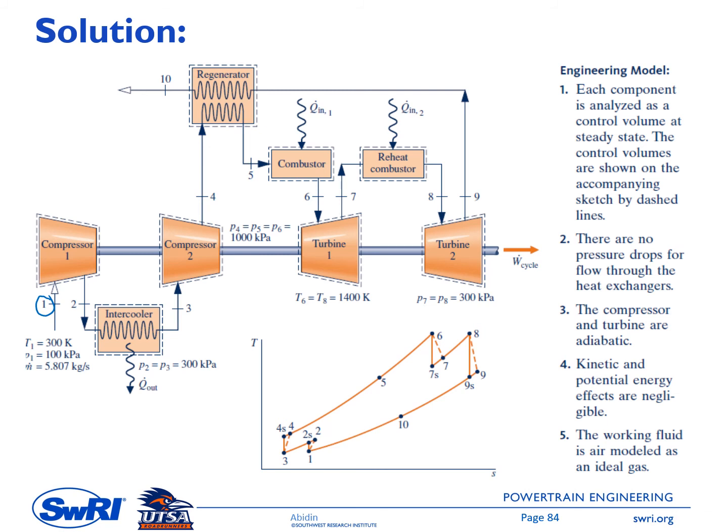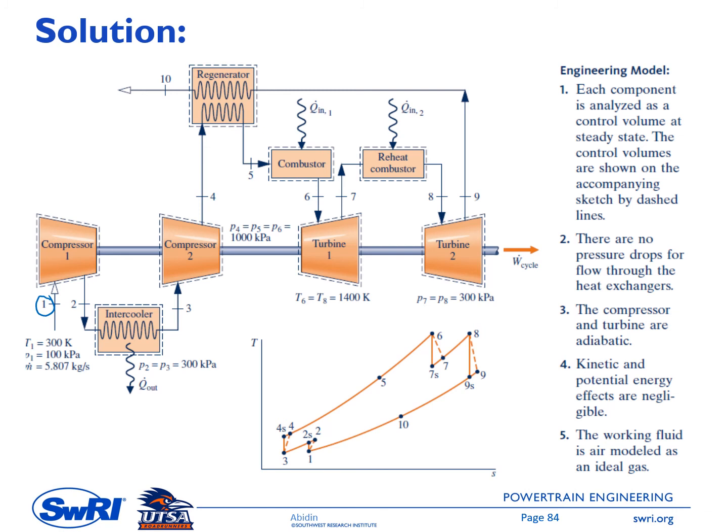T1 is 300 Kelvin, P1 is 100 kilopascal, and the mass flow is 5.807 kilogram per second. P2 equals P3, because we can ignore the pressure drop inside the intercooler. So P2 equals P3 equals 300 kilopascal.